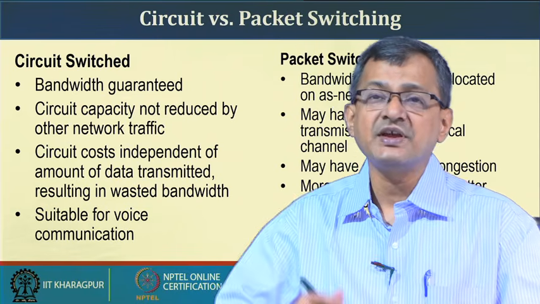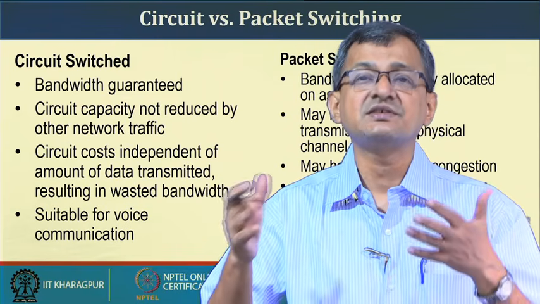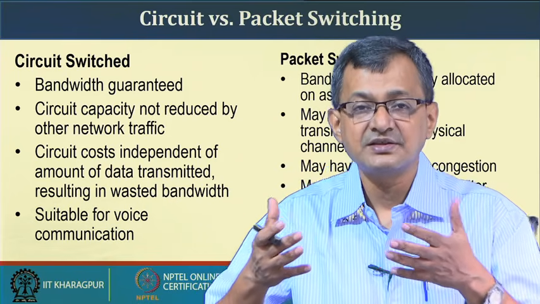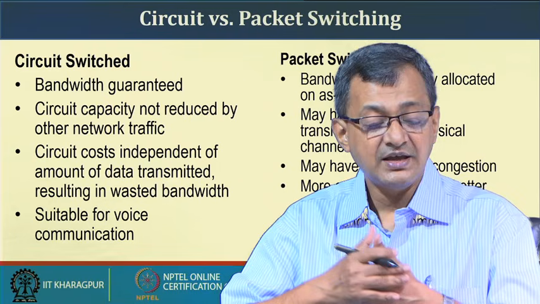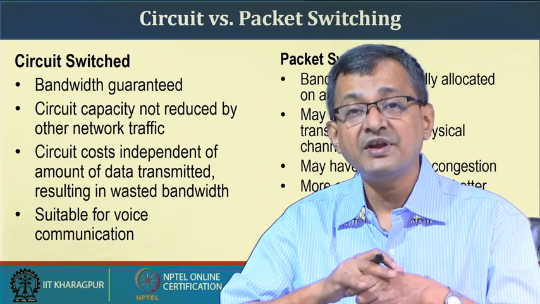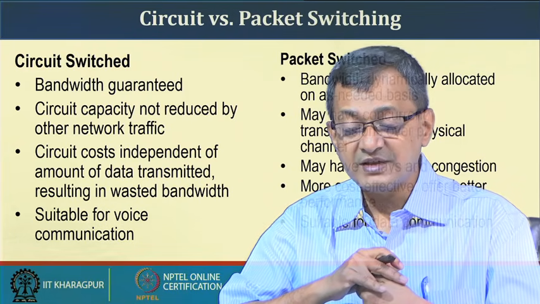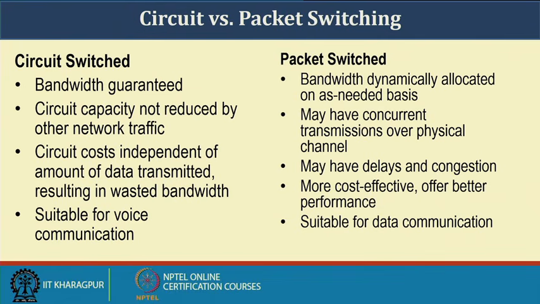Whether or not I transmit, it is a dedicated connection, and I pay for it. So effectively there is a waste of bandwidth, whereas packet switching gives more effective and better performance because there is no blocking of the channel when you are not communicating, but it may have some delay and congestion because of its characteristics.